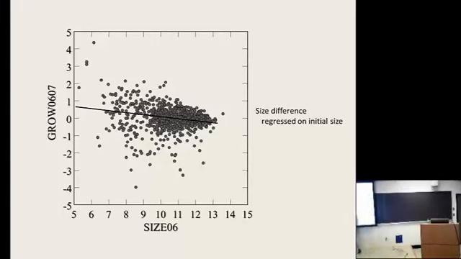But we use as our measure of actual growth the residuals of these points from the regression of size change on initial size. So you can have positive absolute growth, but negative residuals. So they're not growing as much as they should. The important thing about that is that we can get this for every pair of years, and our measure of growth is independent of size. That's something critical.